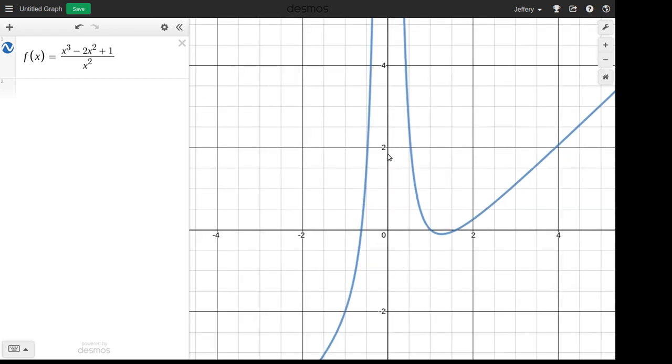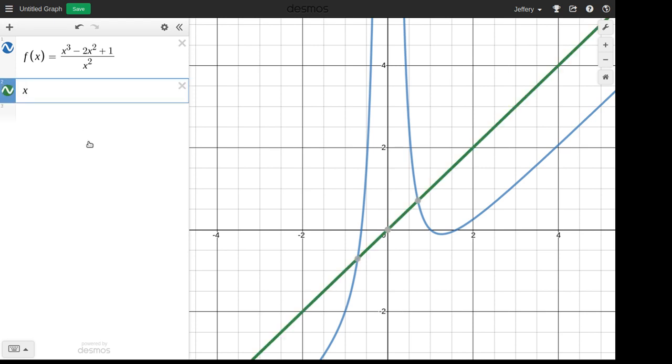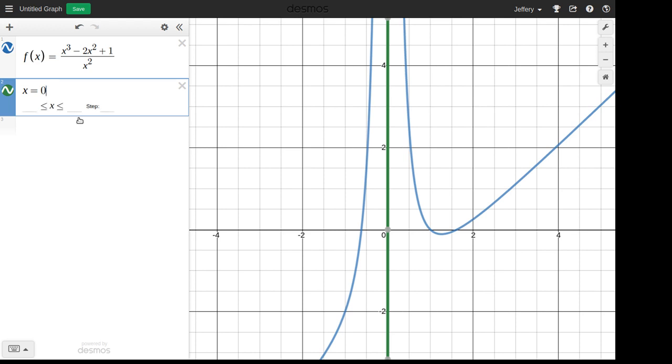They're trying to get closer and closer to 0, but because if I look at my x squared here, I can't have x ever equal 0. I would be dividing by 0. And so we say there's an asymptote at x equals 0. And if I draw it in here, right, and so there is our asymptote at x equals 0.